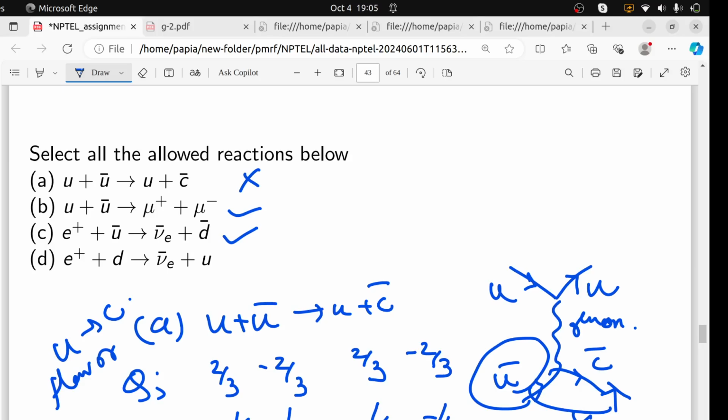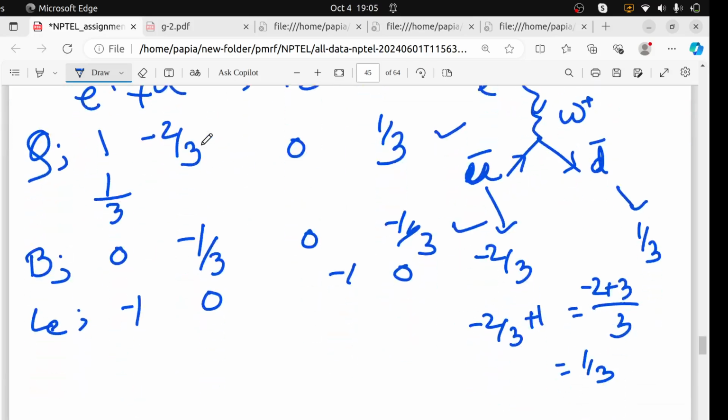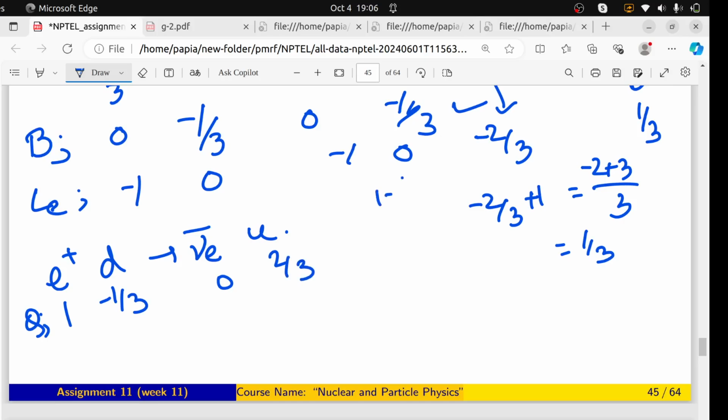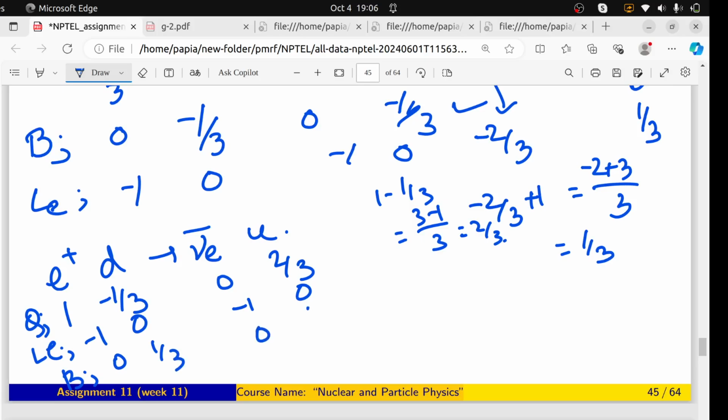Now E plus D going to mu E bar U. For this case, obviously we'll just check Q. 1 minus 1 by 3 is 3 minus 1, 2 by 3, and on the other side 0 plus 2 by 3. Okay? Then Le: minus 1, 0, minus 1, 0. Baryon: 0, 1 by 3, 0, 1 by 3.